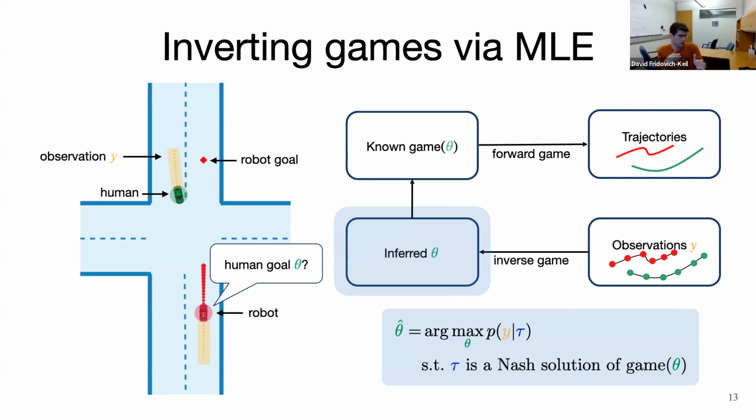So if the actual trajectory driven by the drivers was tau, how likely would be the data that I saw, y? And just solve that maximum likelihood problem, but constrain yourself to choose a tau which is a Nash equilibrium of the game theta. So you're trying to jointly choose tau and theta in order to maximize the likelihood of the data. So fine, you can do that.